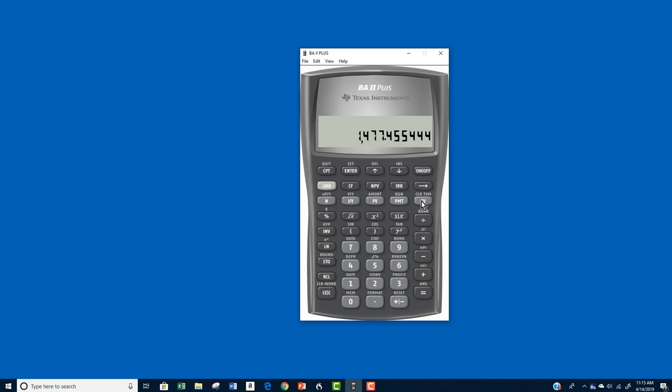So at this point, if you want to clear out all your registers, you're going to hit second, clear TVM, second, quit, and second, clear work, or CE/C. At that point, all your registers are clear. You're ready to work on a new problem.